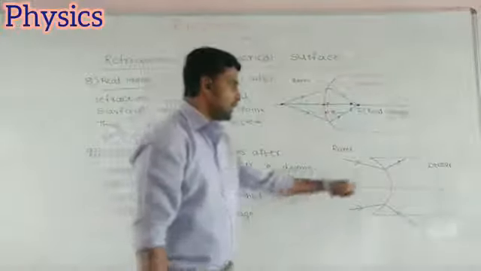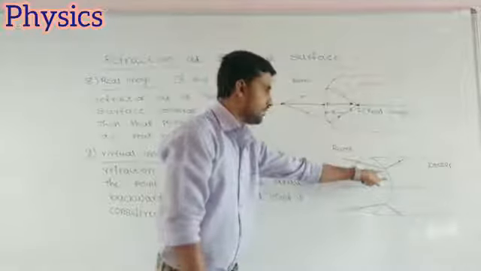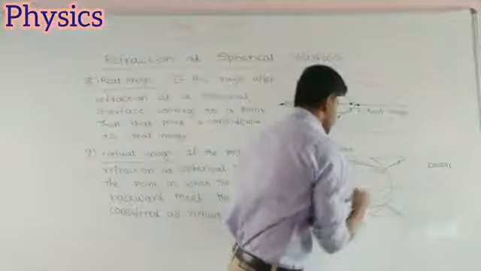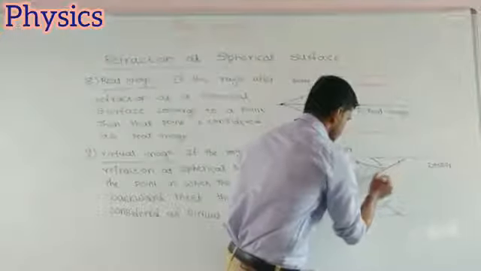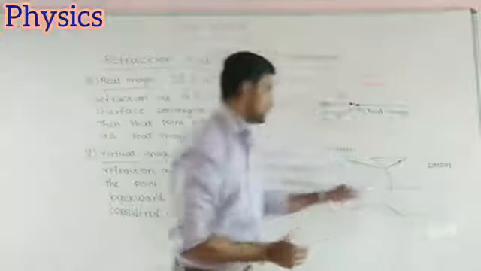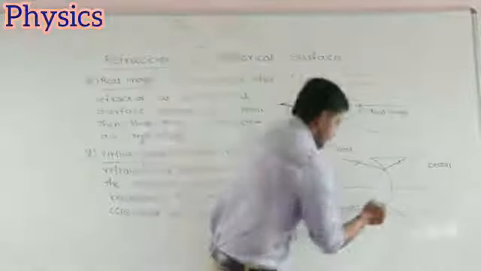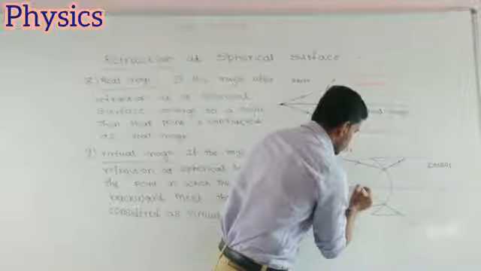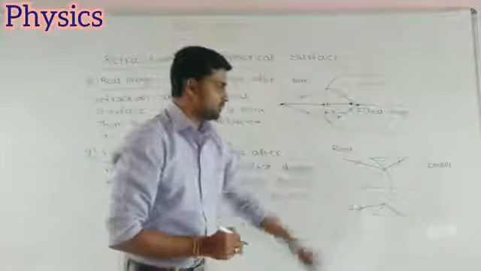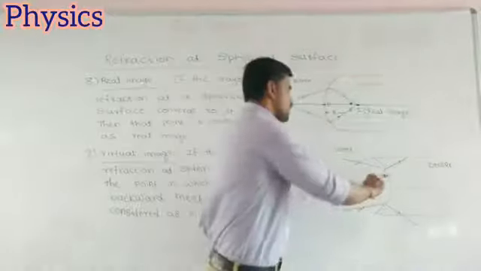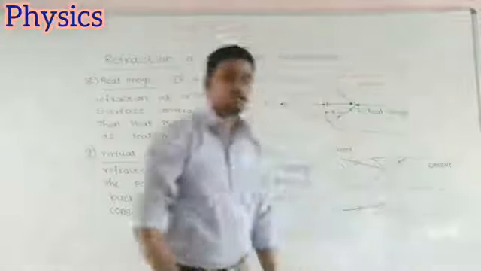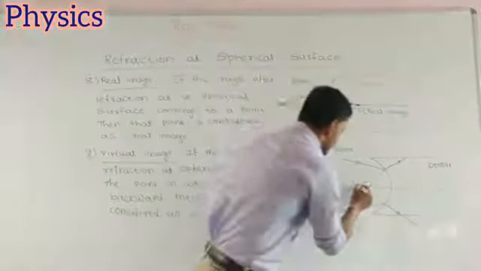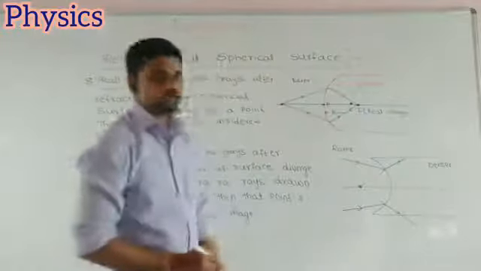Suppose I draw this ray of light backward, it will meet some point on the principal axis. Similarly, if I draw this refracted ray of light backward, that one also meets on this principal axis. The point at which the refracted rays of light meet on the principal axis is called a virtual image.